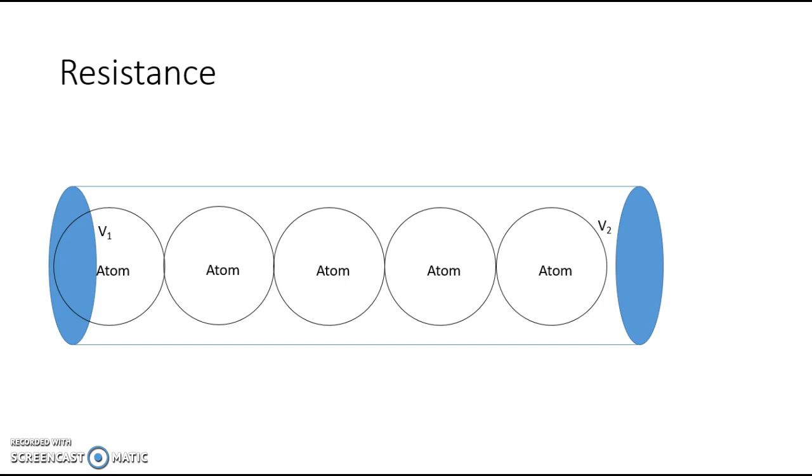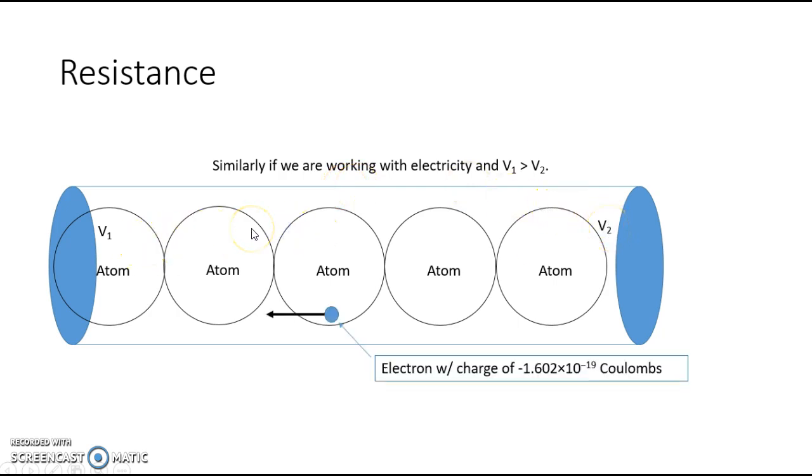If the voltage on this end happens to be larger than the voltage on this end, so in other words, V1 is greater than V2, we expect the electrons to be flowing through the device going from V2 over to V1.